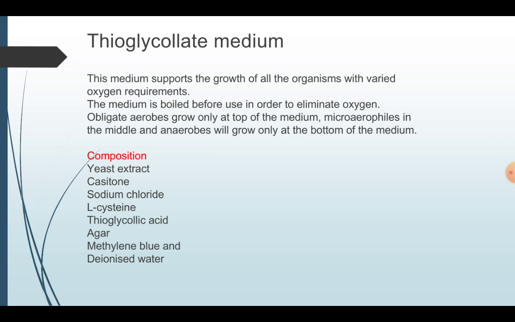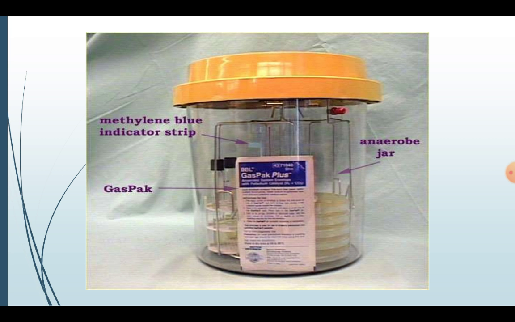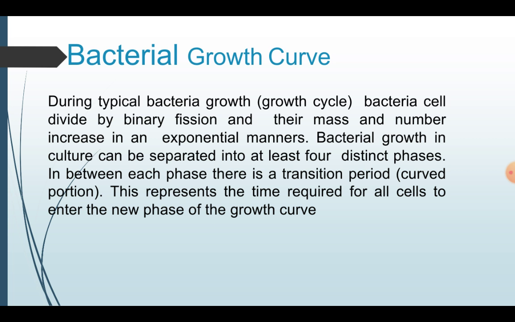Composition is yeast extract, casein digest, sodium chloride, L-cysteine, thioglycolic acid, agar, methylene blue and deionized water. This is the picture of a methylene blue indicator strip, anaerobic jar and gas pack.